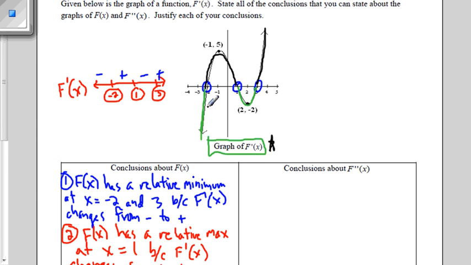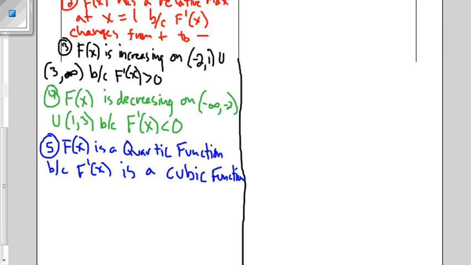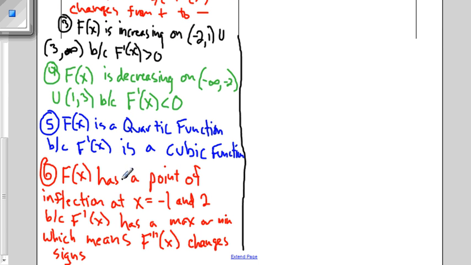Let's look at some more conclusions. The fifth conclusion: the derivative is a cubic function, therefore the original function must be a quartic function. Looking at the graph of the derivative, f of x has to have a point of inflection at x equals -1 and at x equals 2. Why?